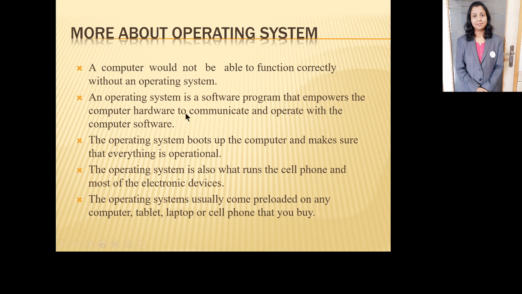For the communication between the hardware, you need the operating system. The operating system boots up the computer and makes sure that everything is operational. If you have seen before, while starting the PC, you will see the bootstrap code running. So that is the operating system booting up the computer, making sure that everything is going correctly.